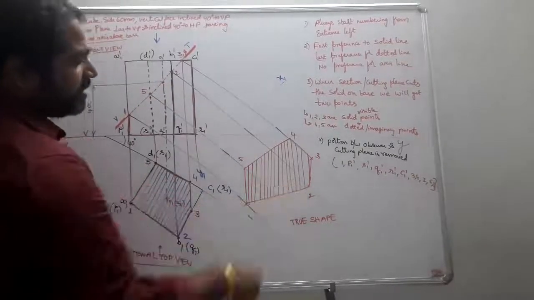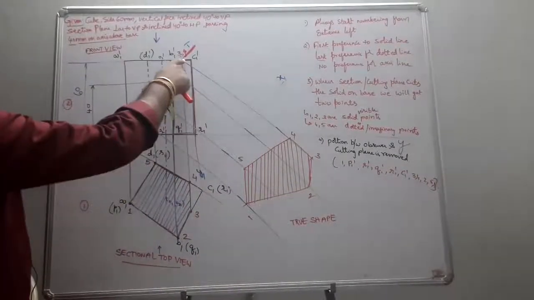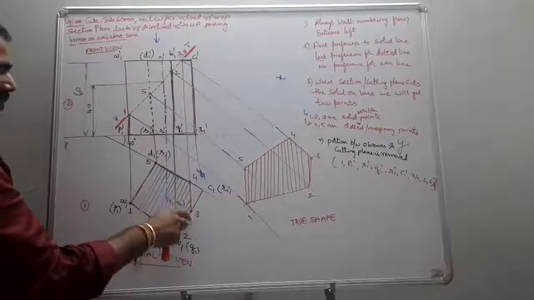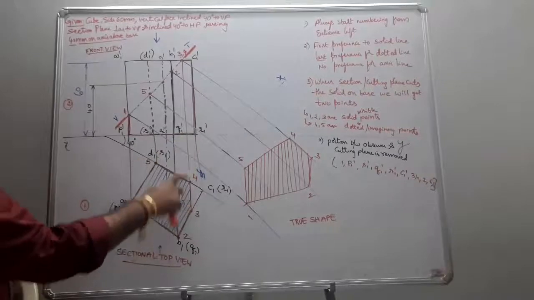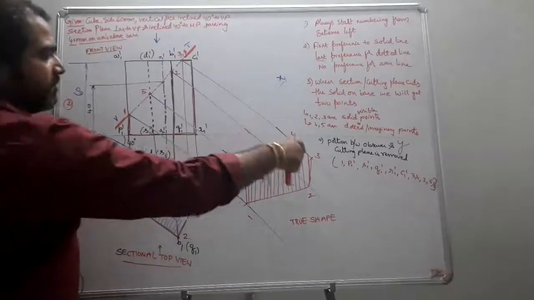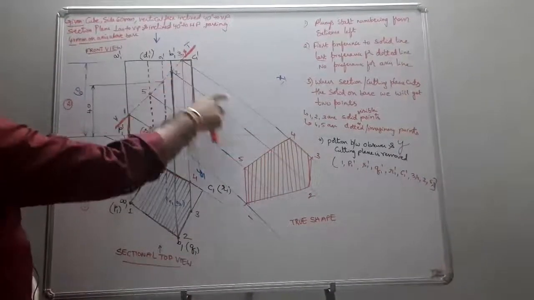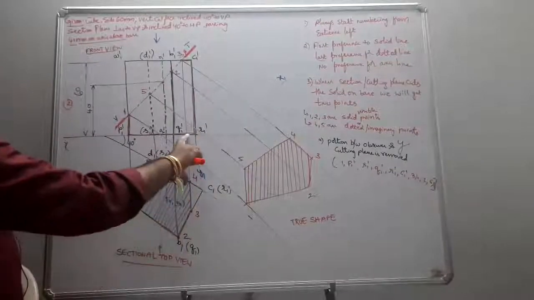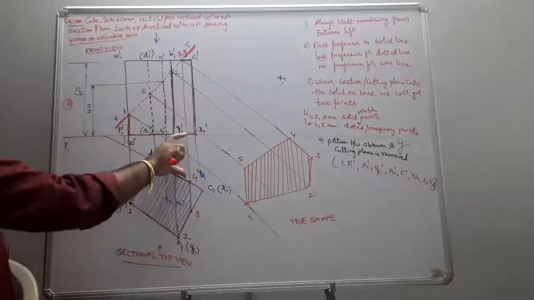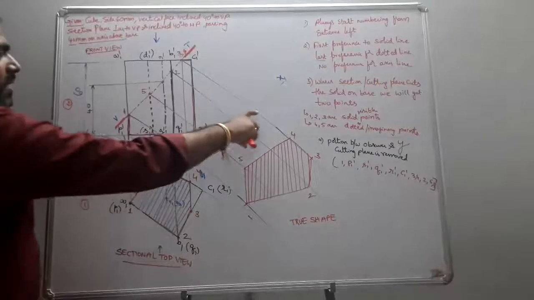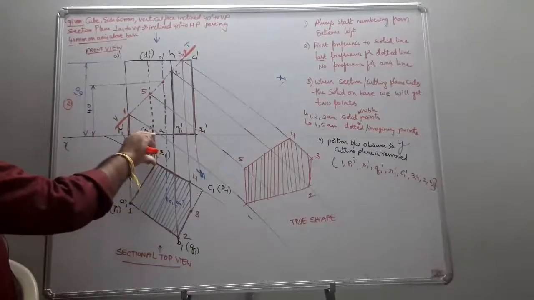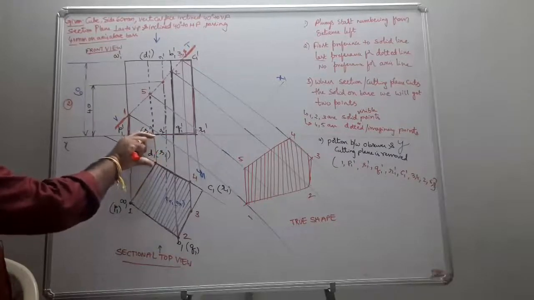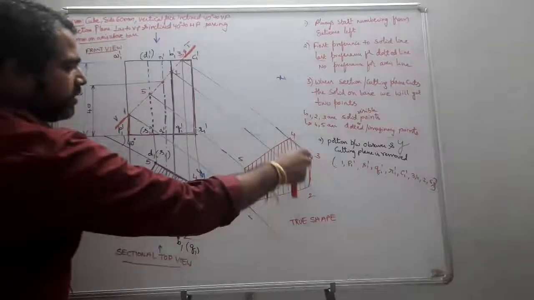From here, I get my point 2. Similarly, 3, 4 points are here. From 3, from the old reference line, this radius is taken and placed from 3. Similarly, 3 and 4 are common projectors. XY to old reference and XY to 4, this radius is taken and with this as center, draw an arc. Similarly, point 5 is here; old reference line to 5, this radius is taken and put from here. 1, 2, 3, 4, 5.